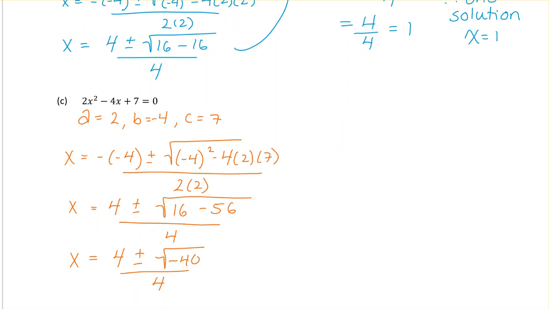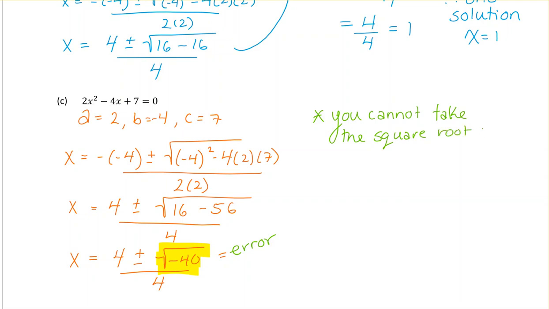Now, if you're sitting there with your calculator, try this right here and see what happens. What you should be getting is an error, okay? You cannot take the square root of a negative number.